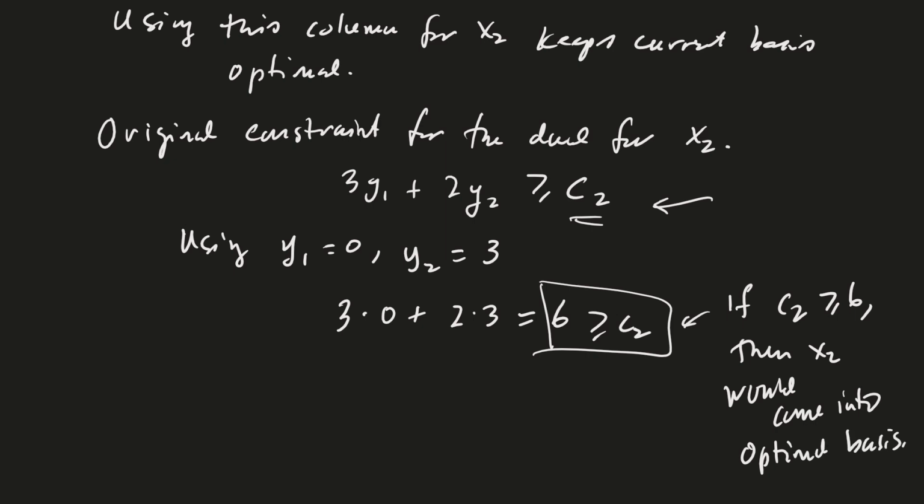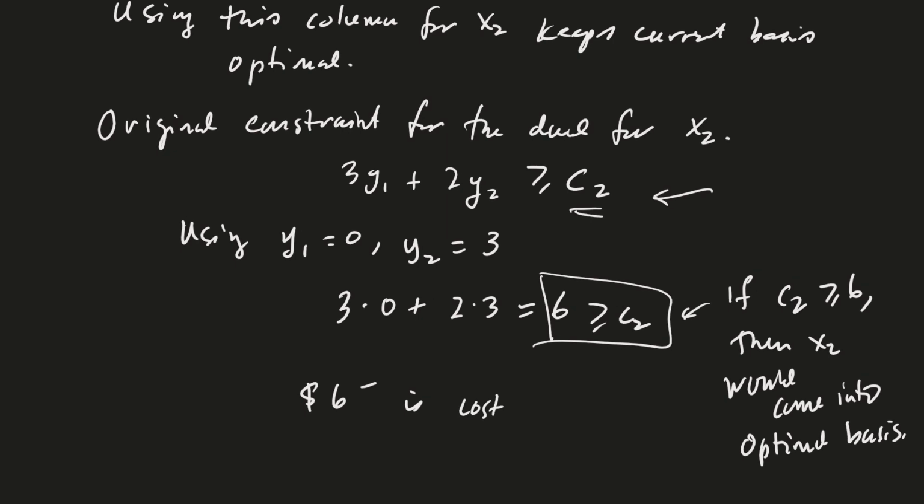So we think of that $6 as kind of the cost for x2. It's what we need to sell, or what we need to bring in for x2 in order to have x2 be produced. So if I sell x2 for any less than $6, then it wouldn't be worth it for us to produce x2. Okay.